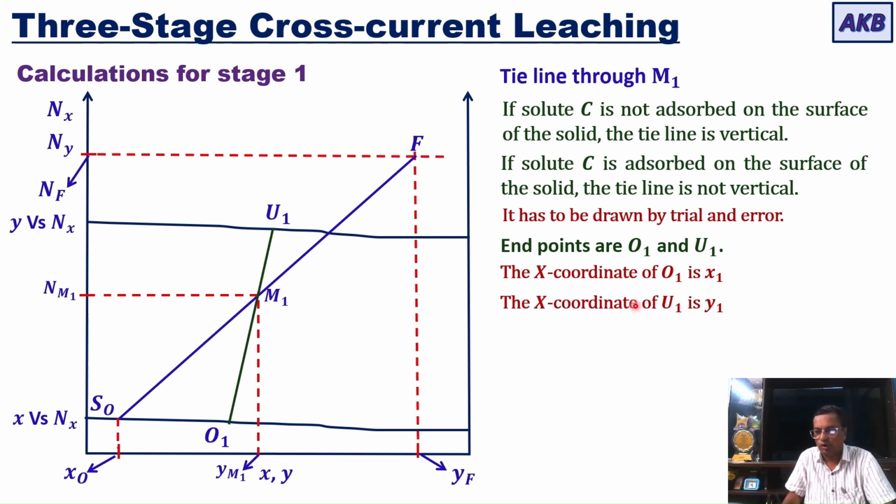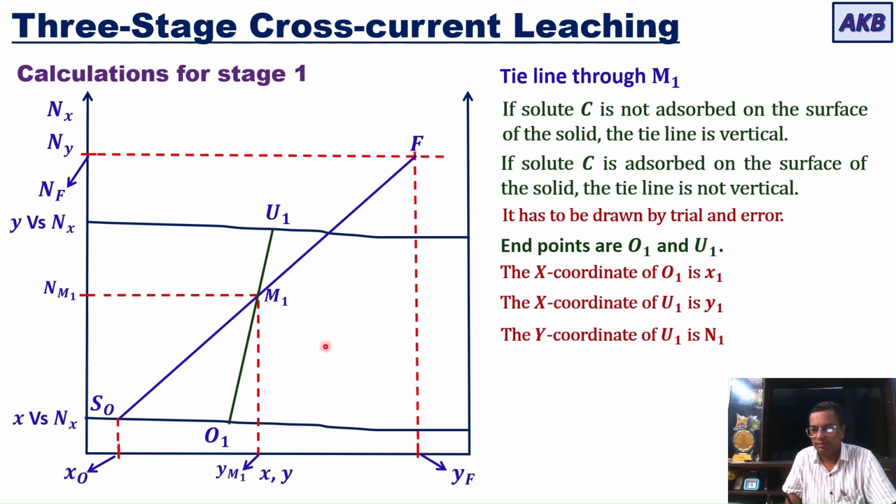So the objective of doing calculations for stage number 1 is to get x1 and y1, because we are going to use these values to find out quantities of overflow and underflow that come out of stage number 1. Then the y coordinate of point U1 will be n1. So we may need all three, x1, y1 and n1, in our calculations.